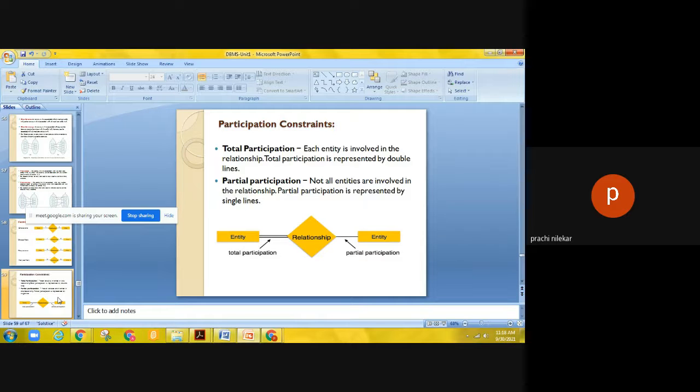Partial participation is when not all entities are involved in the relationship, and it is represented by single lines. Total participation is represented by double lines, where each entity is involved in the relationship. Hope it's clear to all of you.